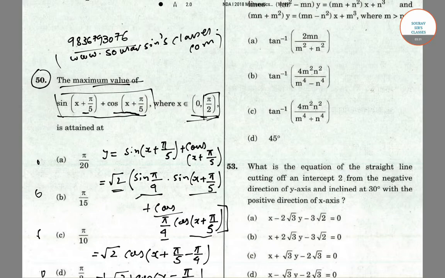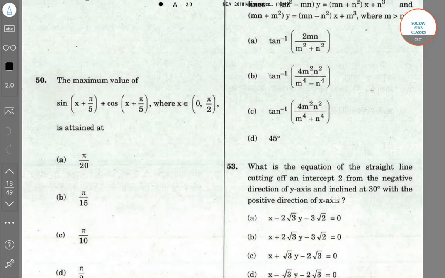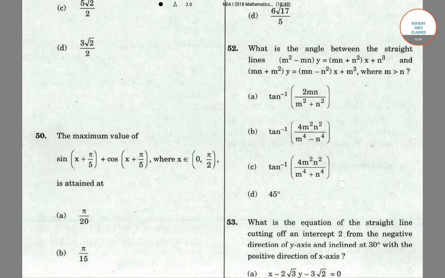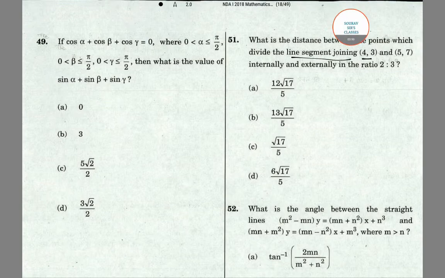Now we'll go to the next question, question number 51. In question number 51, it is given: what is the distance between the points which divide the line segment joining (4, 3) and (5, 7) internally and externally in the ratio 2:3?